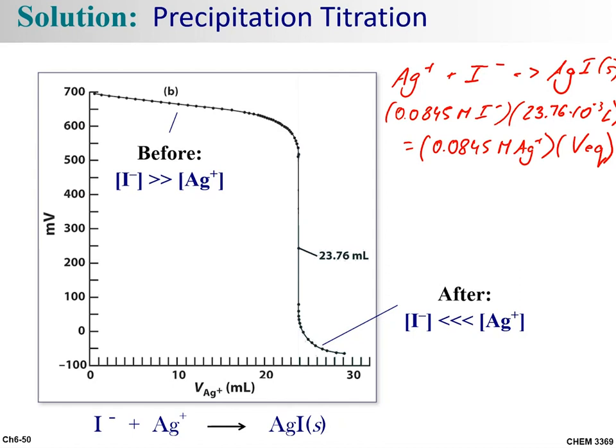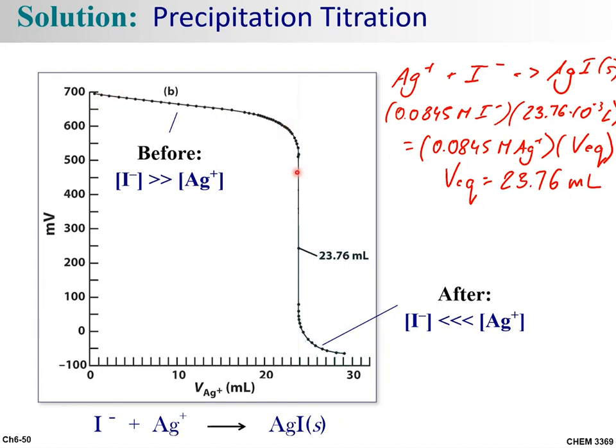So that's the equivalence volume. So at that volume, I'll have the same number of moles. So we can calculate it to be, this is V equivalence, right? So this is 23.76 milliliters, okay?